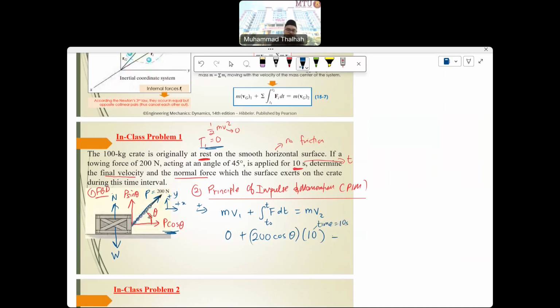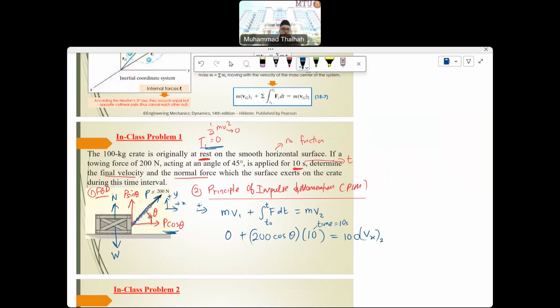And then that's gonna equal to the mass, which is 100 kilograms, times the velocity at point 2, which is the final velocity that is not known yet. I'm gonna give it a v sub x because we are gonna do our analysis in the y direction as well. So let's give that v sub x at 2.